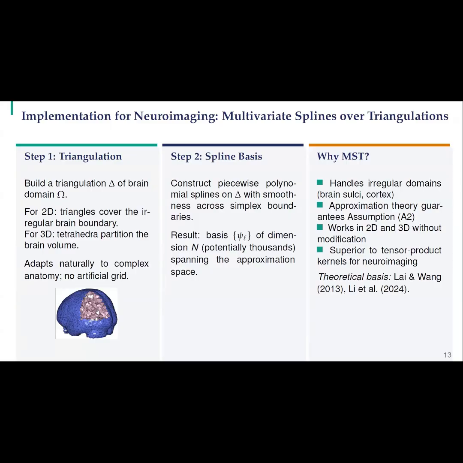It works in 2D and 3D without a lot of modification. And in fact, there are other extensions of this. If you have time series of brain images, the tensor product of these bases can work as well. And it appears to be superior to tensor product kernels for neuroimaging. So the theoretical basis comes from some papers by Lai and Wang, and Li et al.